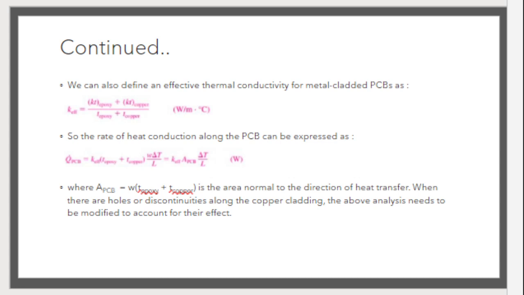So the rate of heat conduction along the PCB can be expressed as Q PCB equals k effective times (thickness of epoxy plus thickness of copper) times width times delta T by L, which equals k effective times A PCB times delta T by L, where A PCB equals W times (thickness of epoxy plus thickness of copper) is the area normal to the direction of the heat transfer.